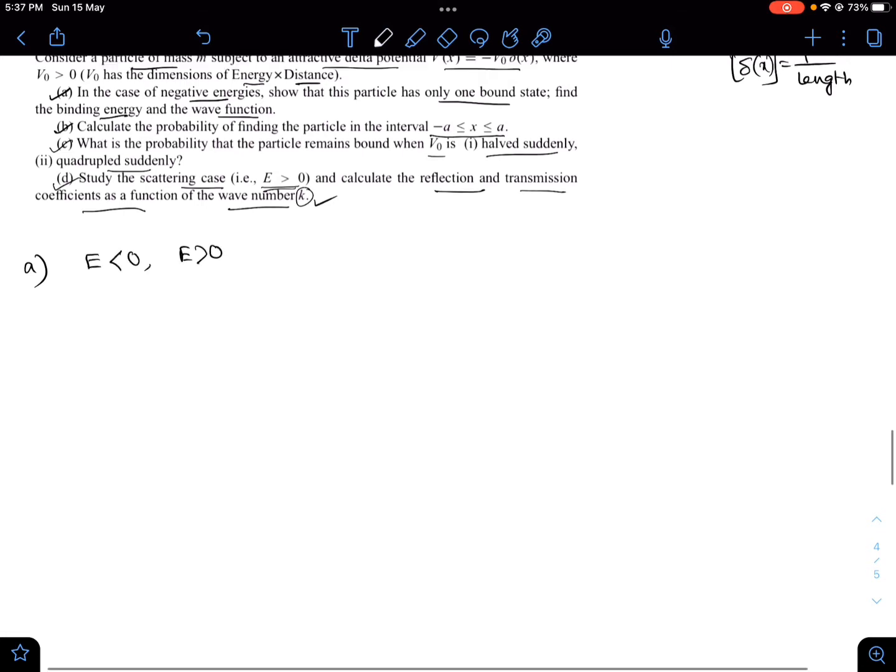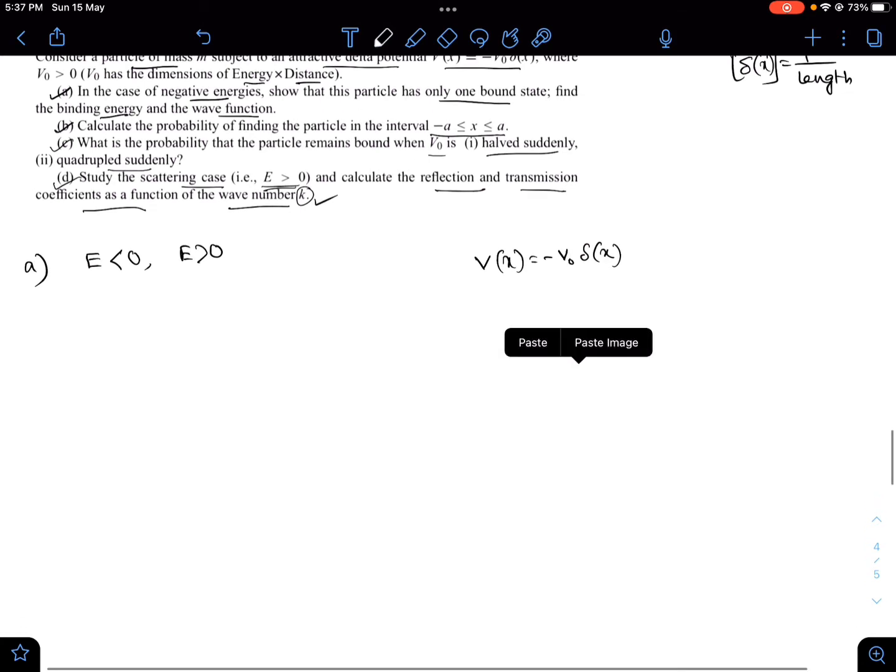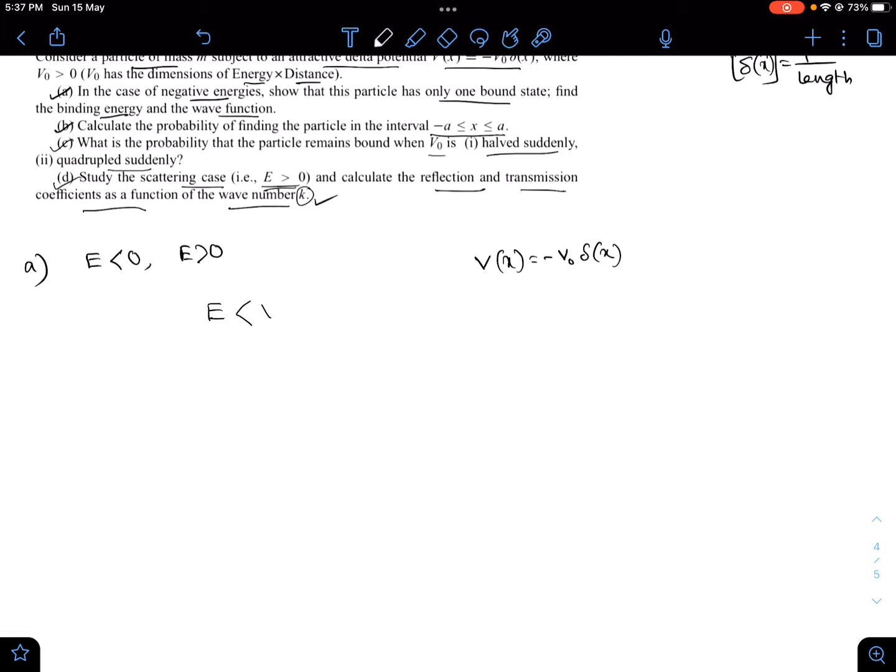So if you look at the potential, it is of the form minus V0 delta x. So what is the condition for bound state? We know for bound states we have to have energy which is less than the potential at x tends to plus minus infinity.